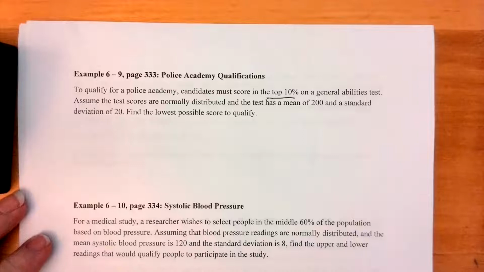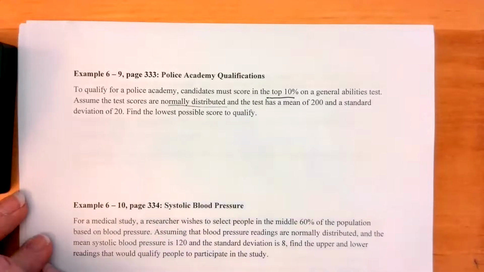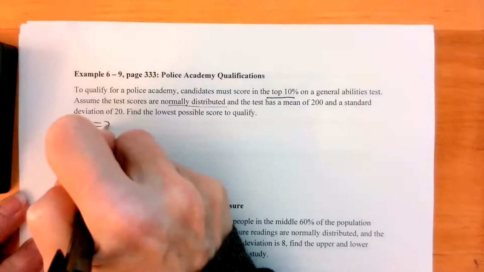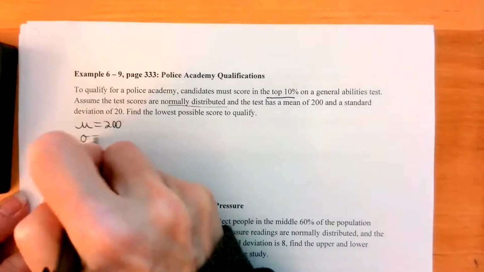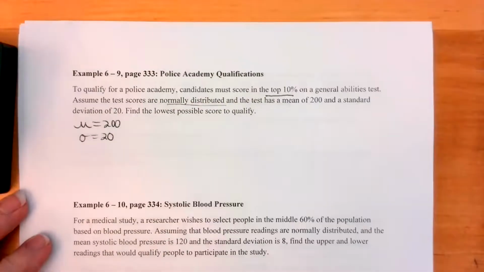So that's telling you what the area is and it's telling you where, the top 10%, the right tail, on a general abilities test. Assume the test scores are normally distributed, so we can apply our normal distribution graphs, charts, formulas, all that. And the test has a mean of 200, so there's our mean mu, and a standard deviation of 20. There's sigma, 20. Find the lowest possible score to qualify.